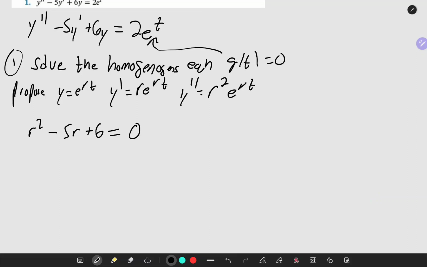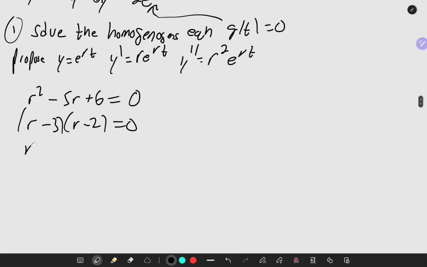Anyways, now we solve for r. I think that factors nicely: r minus 3, r minus 2. So then r is equal to 3 and r is equal to 2.